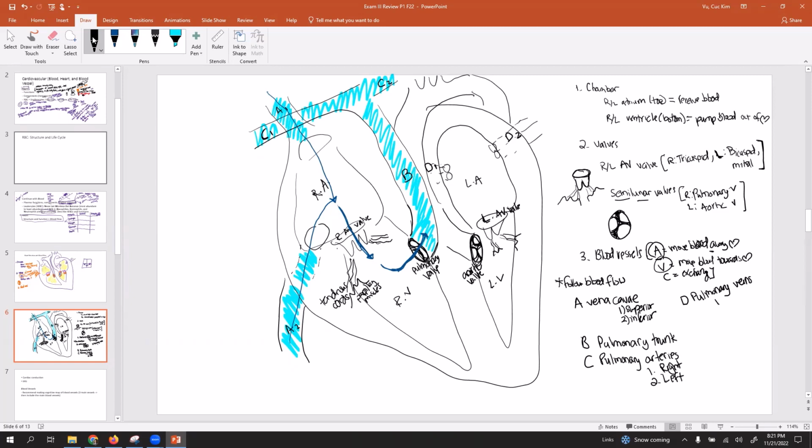And 1 would be the right, and 2 would be the left. Okay, so from there, is it going to carry oxygenated or deoxygenated blood? Oxygenated. At this point, it picks up the oxygen from the lungs.